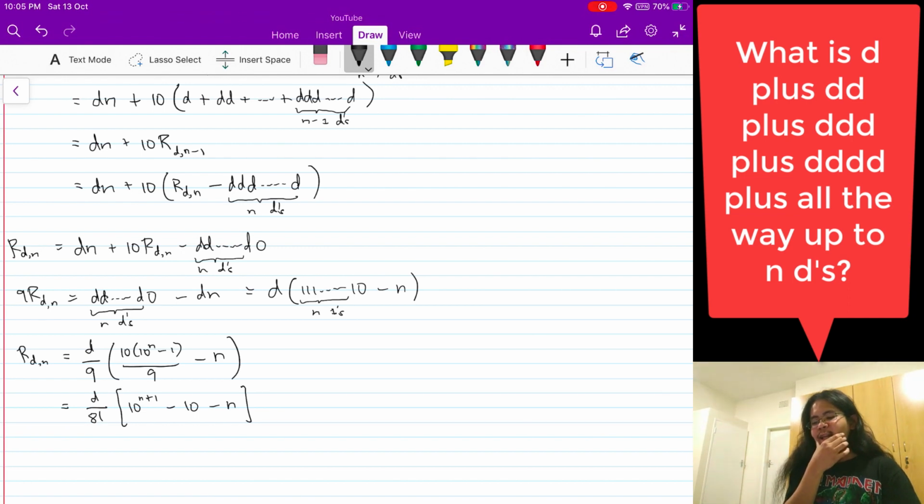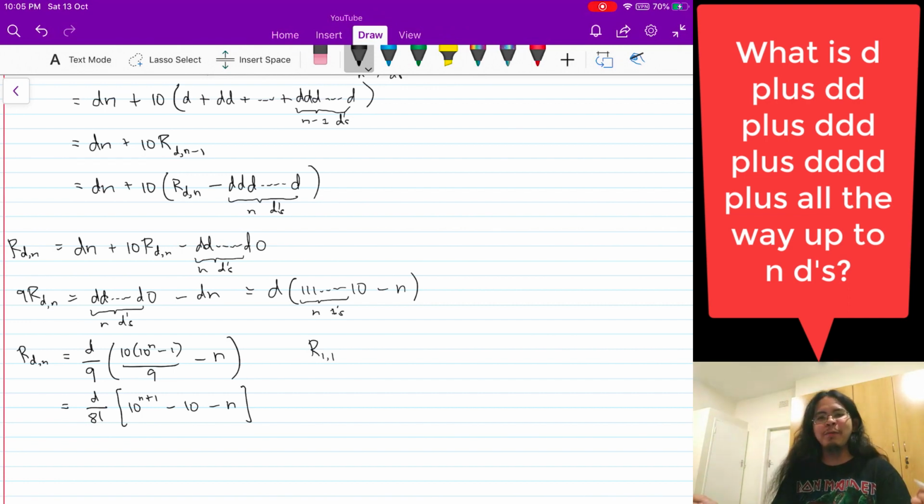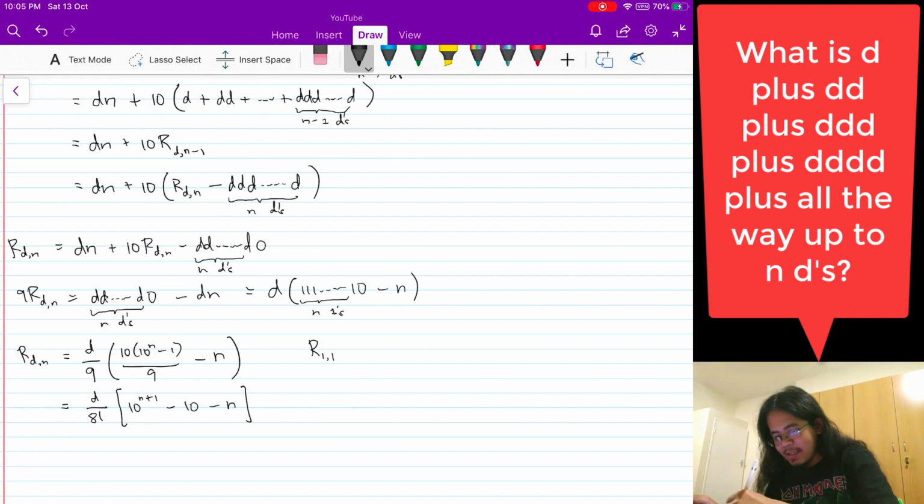Okay? Let's look at the most trivial example. What's the most trivial example? Of course, it is R sub 1, 1. What does that mean? We pick the digit 1 and then there's only one of it. So it should be 1. So this is equal to D, which is 1, over 81 multiplied by 10 squared minus 10 minus only 1 of it.